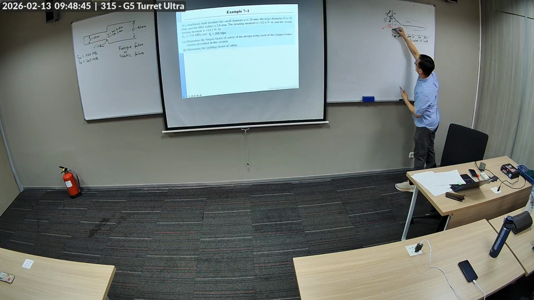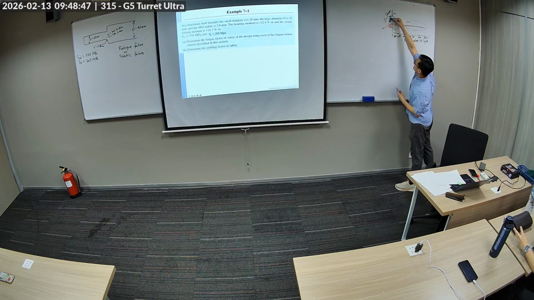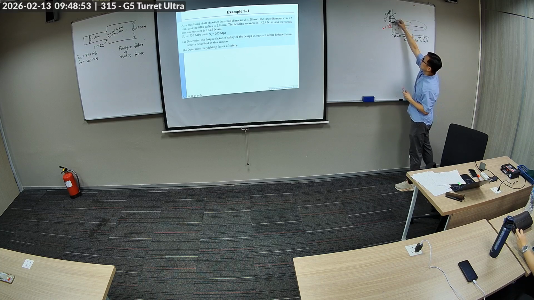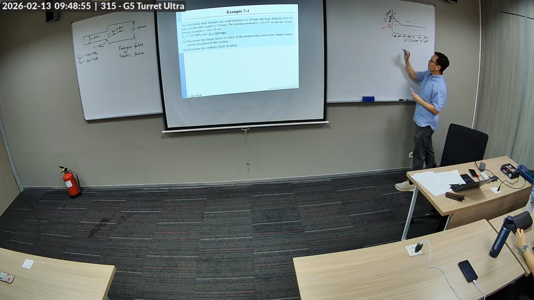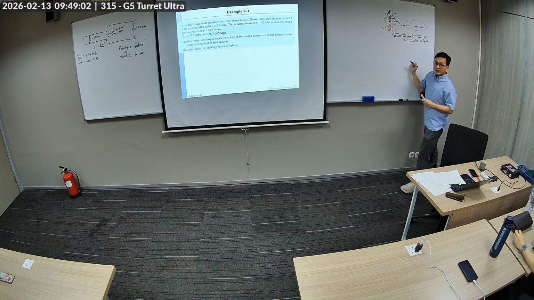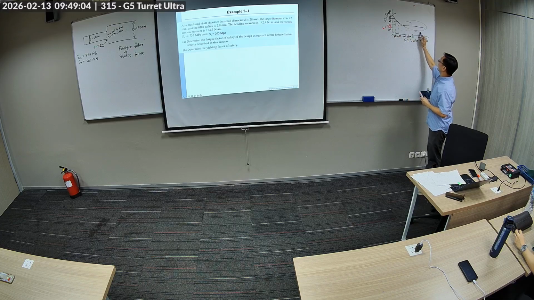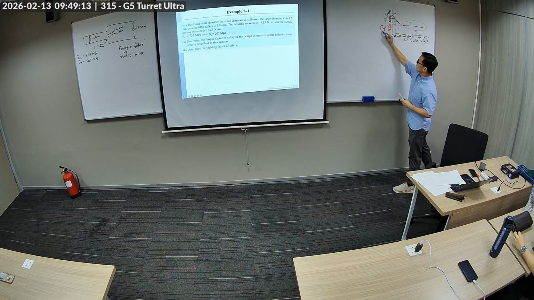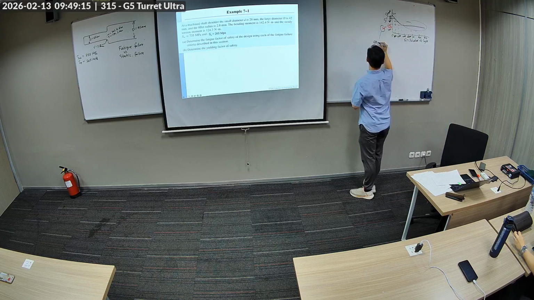Let me ask you this. If I have a fluctuating load of 550, it fails at 100. If I give a cyclic load of 400, it fails after 1,000 cycles. What happens if I load it 100 MPa? It will never fail. That's right. So SE, this is called the endurance limit.